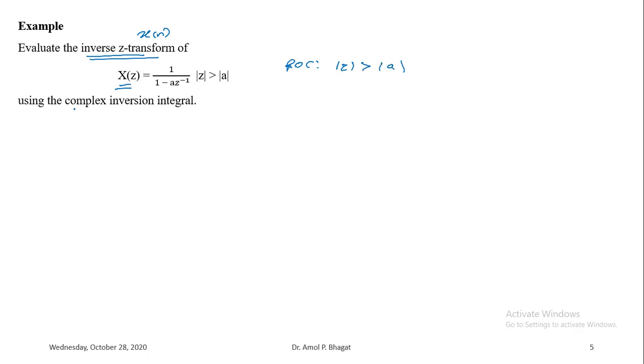So you have to use the complex inversion integral. In an example it may be mentioned that you have to evaluate the inverse transform by complex inversion integral, or contour integration, or by Cauchy residue theorem.